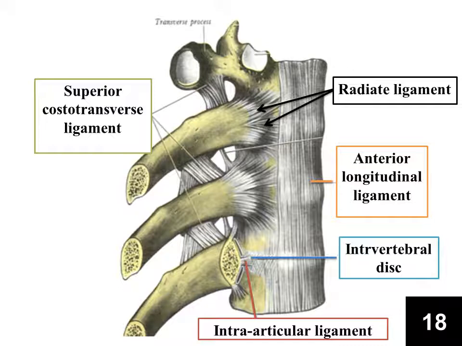It takes this radiating shape. It is laterally attached to the anterior aspect of the head of the rib.